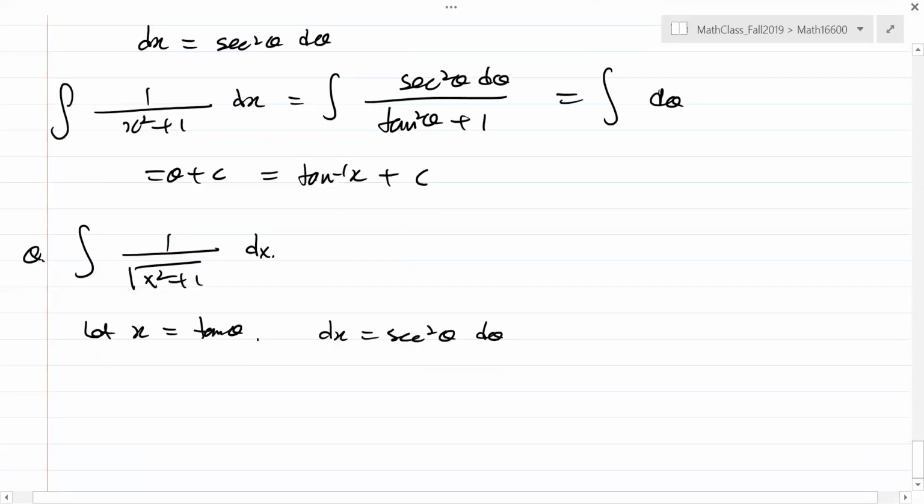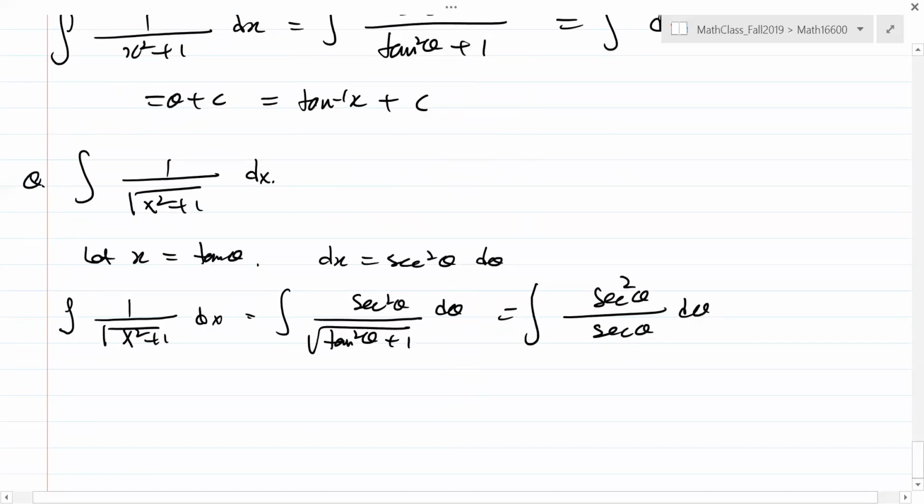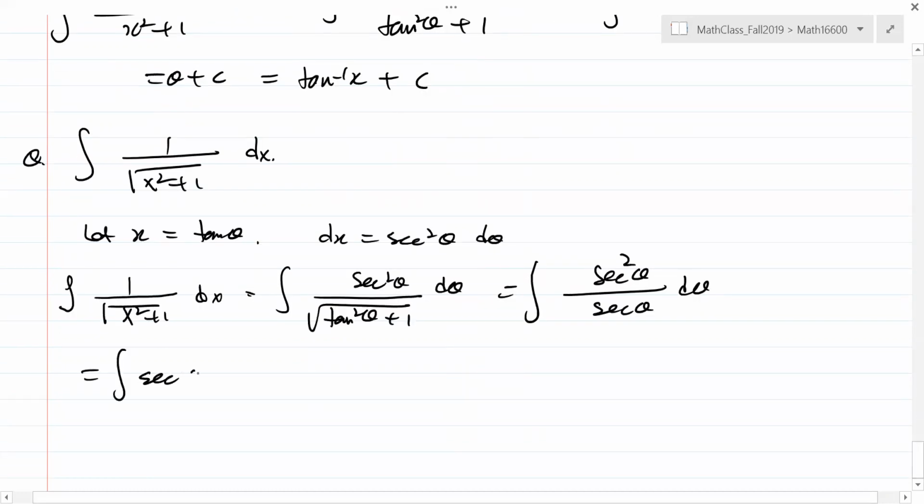So I put it into the integral, and this time it is the square root of tangent square theta plus 1, and secant square theta. This time I'm not able to cancel the secant theta. I get secant theta in the denominator and secant square theta in the numerator, so I end up with secant theta d theta.